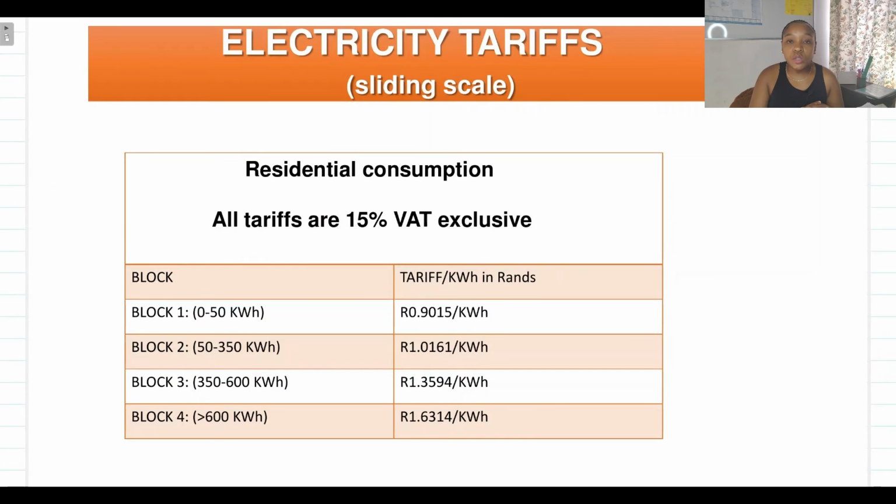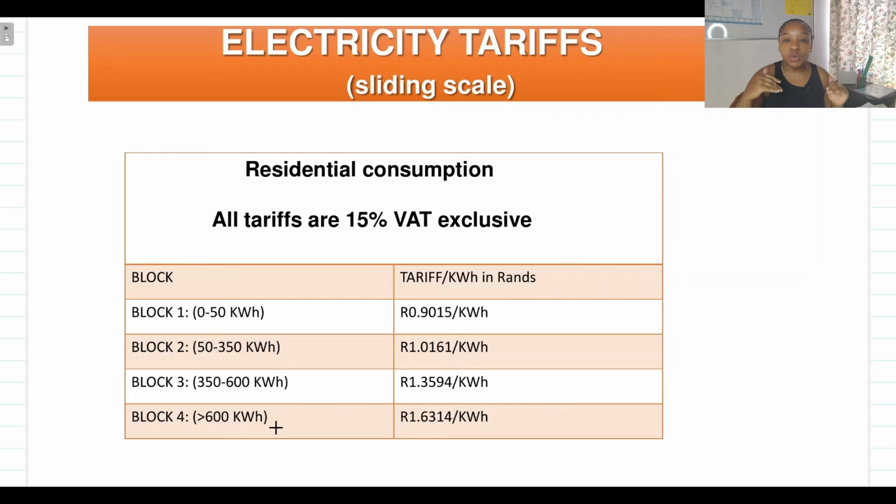In today's video tutorial, we are going to be looking at electricity tariff questions where you are going to be using the sliding scale method. So as you can see from the slide that I've just put on the screen, we're going to be looking at a question like this, right? We have block 1, block 2, block 3, and block 4.